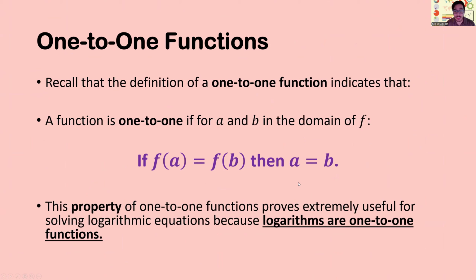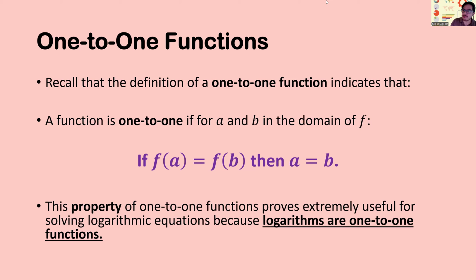Okay, but before we do that, you have to remember, before we started all of this, started talking about module 4 and one-to-one functions and inverse functions, remember that exponential functions are one-to-one functions. They have an inverse or an opposite function, something that will reverse or undo, cancel out those equations, and those are logarithms.